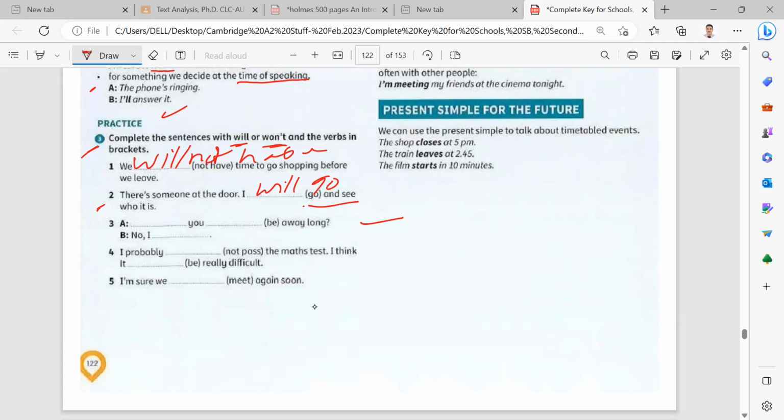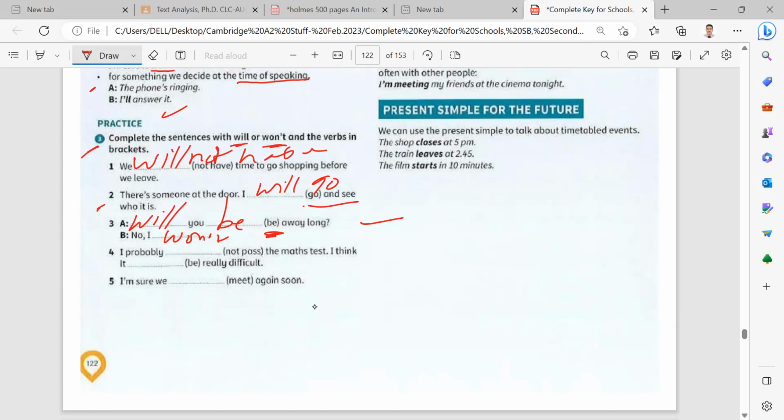How to say it? Will you? Yes, will you be away long? Will you be away long? No, I won't.